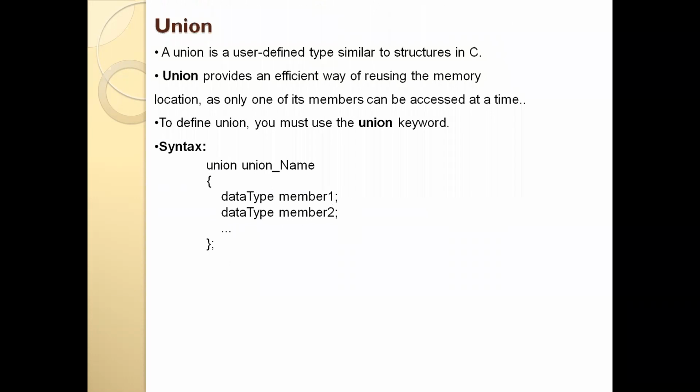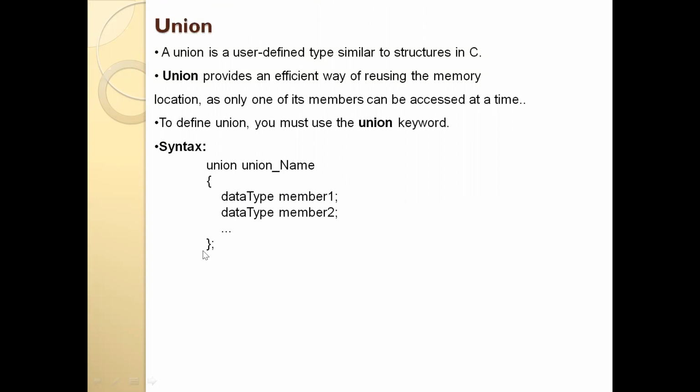See the syntax of the union. If you want to create a user-defined union data type, you just use the keyword union followed by the name of the union and the members of the data elements. Whatever data elements you want to specify inside the union, you just write them.